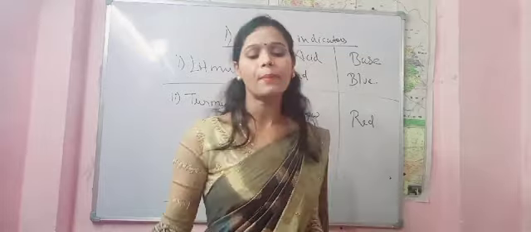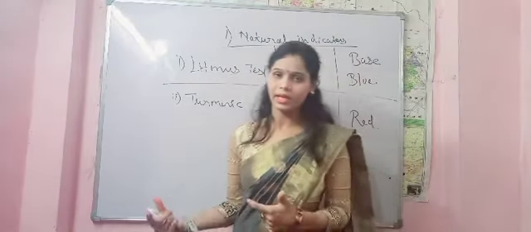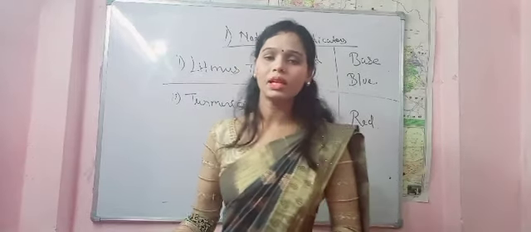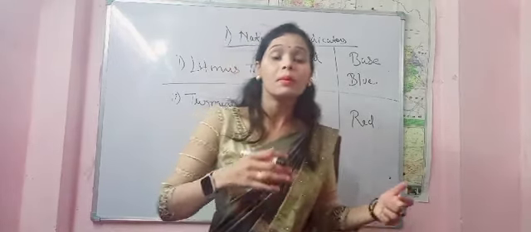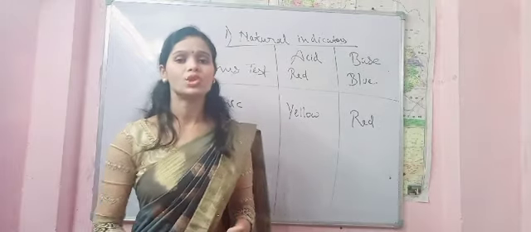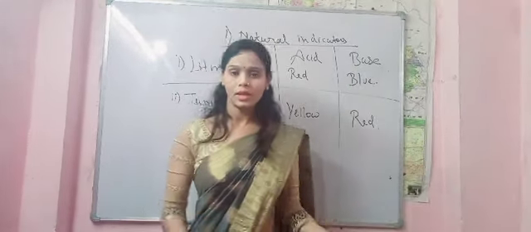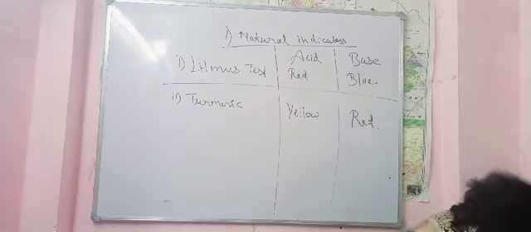Next is the synthetic indicator. What is synthetic? By the name itself you can guess. Synthetic means man-made, made in laboratories to check whether the given substance is acidic or basic.